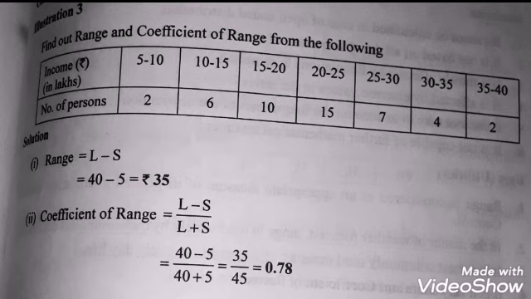Forty minus 5 is equal to 35. Coefficient of range L minus S divided by L plus S, 40 minus 5 divided by 40 plus 5 is equal to 35 divided by 45 is equal to 0.78.